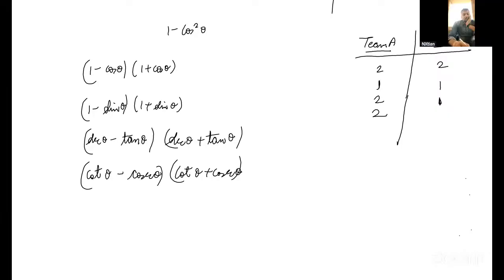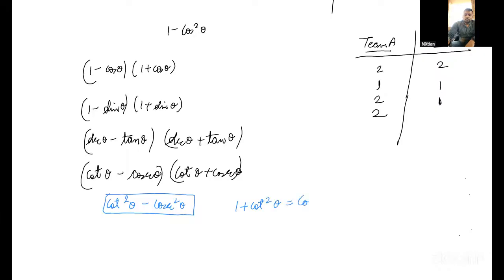Okay. Why it's wrong, I will tell you. If the answer will be cot square theta minus cosec square theta. If you solve this, a minus b, a plus b will become cot square theta minus cosec square theta. We know that 1 plus cot square theta is equal to cosec square theta.